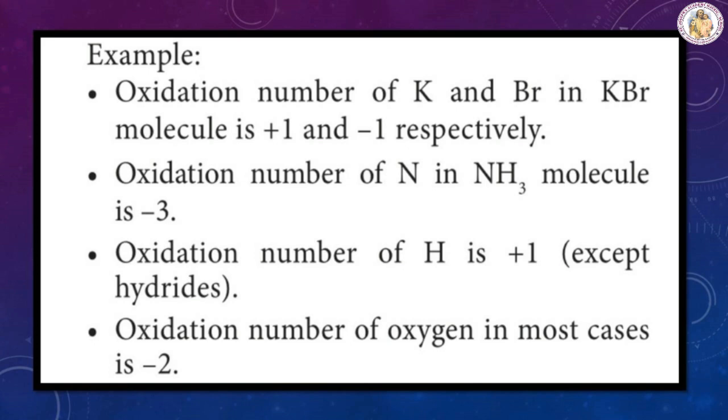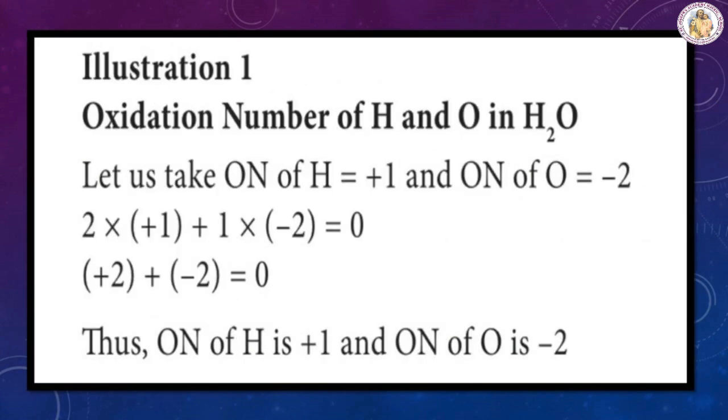The oxidation number of nitrogen in an ammonia molecule is -3. The oxidation number of hydrogen is +1. The oxidation number of oxygen in most cases is -2. The oxidation number of neutral molecules is always 0.